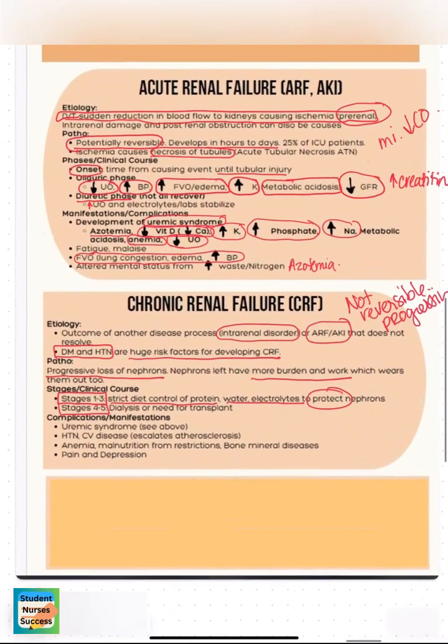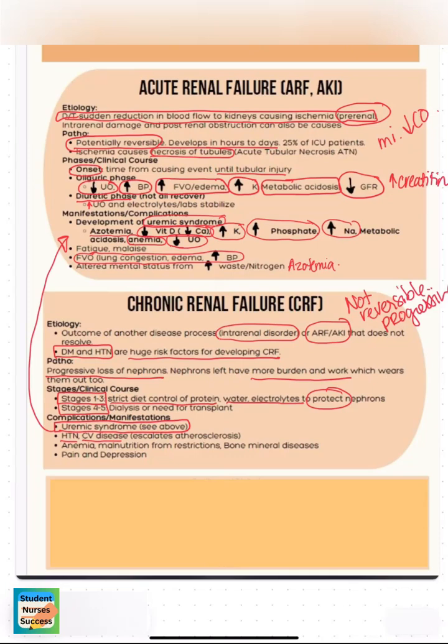Complications or manifestations of chronic renal failure include uremic syndrome, and I'd like you to go ahead and remember all of those. Look up here. These are important. Patients will develop high blood pressure and increase their risk of cardiovascular disease. As renal failure progresses, their cardiovascular disease risk factors also increase because it accelerates the atherosclerotic process.